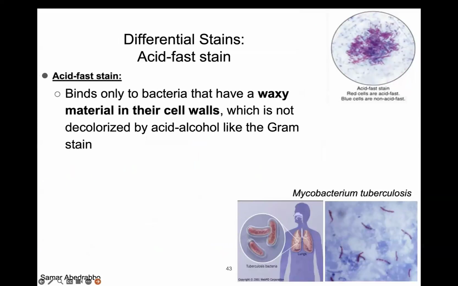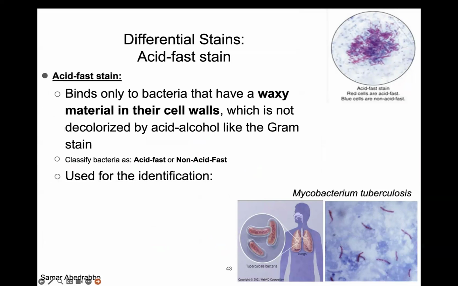The next differential stain you'll learn about is the acid fast stain. Acid fast is a type of stain that is used for specific types of bacteria. It's used to identify bacteria that have waxy cell walls, which are resistant to the staining in Gram stain. So an example is Mycobacterium bacteria.